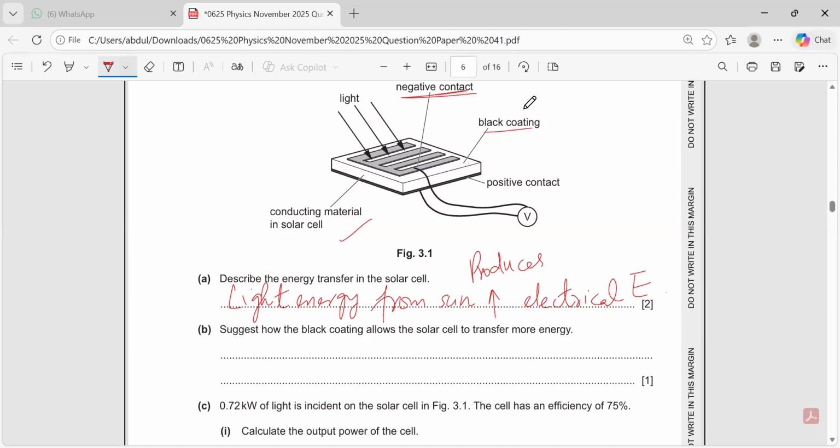Suggest how the black coating allows the solar cell to transfer more energy. Now, this is thermal physics also involved in question number 3. Black bodies are very good absorbers of radiations. So, black coating, or we can say black body or black color.